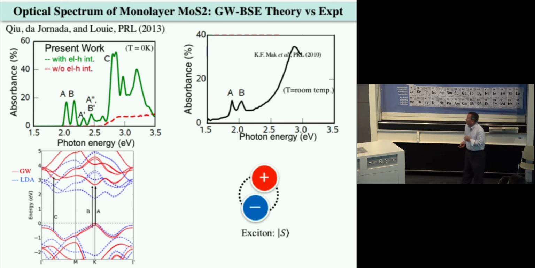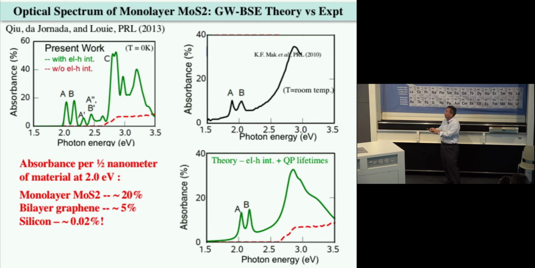So two things I would like you to note. One is that the exciton binding energies are huge, around 0.7 or 1 electron volt typically. And the oscillator strengths are now very large. Because of the strong electron-hole interaction, it robs all the optical oscillator strength from high frequency to low frequency.